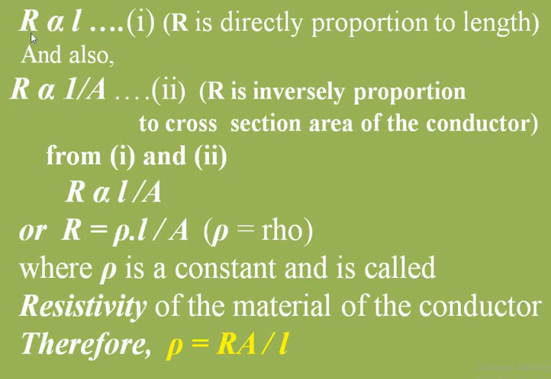So now we know resistance is directly proportional to the length of the conductor and inversely proportional to the cross section area of the conductor.